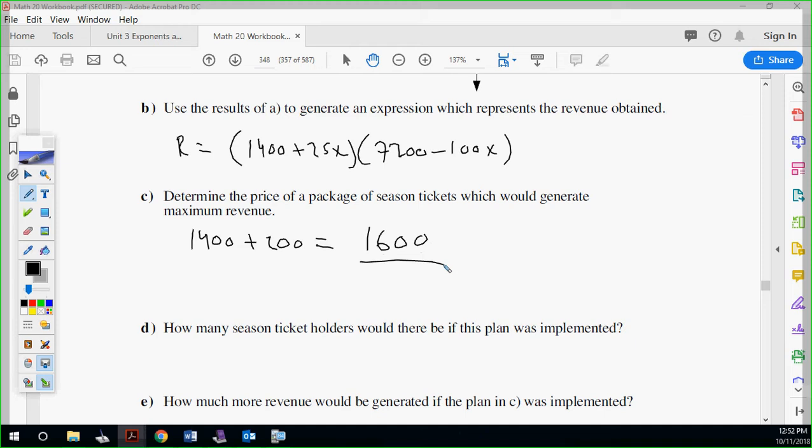How many season ticket holders would there be if this plan was implemented? So there was 7,200, right? And if we raise it 8 times, we lose how many people? 800. So 7,200 minus 800 is, we now have 6,400 people that buy season tickets.